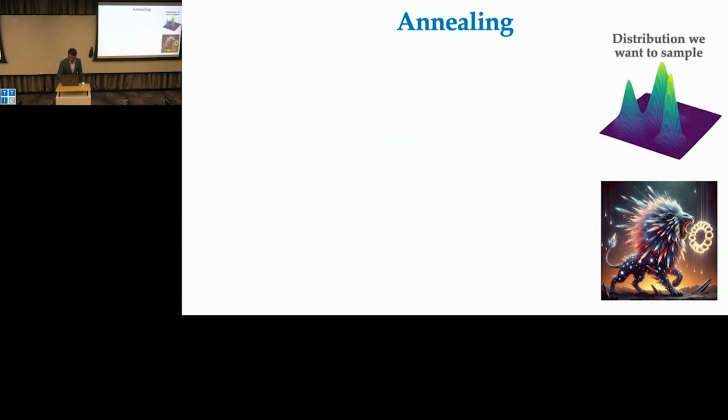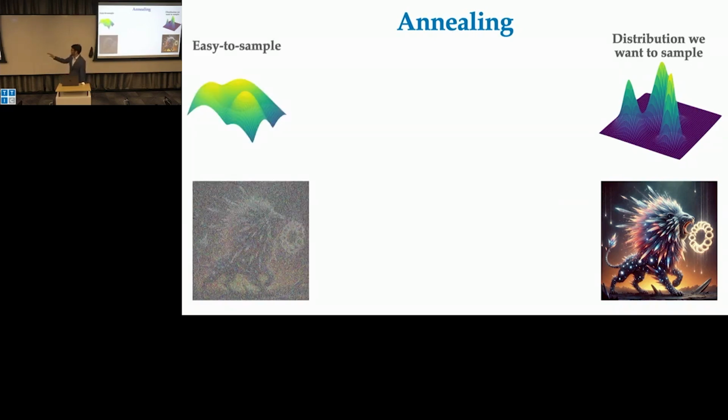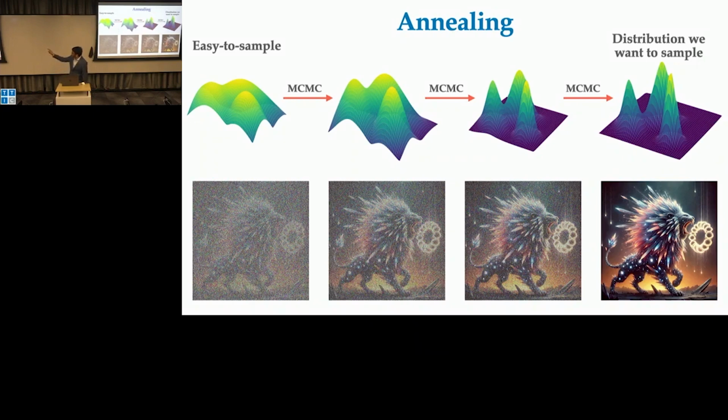Now just to tell you a little bit about what the annealing algorithm is. The premise is you want a sample from some distribution that looks kind of wild. And the way you approach the sampling problem is you design some other distribution, which is way easier to sample from. And now you construct a path of distributions between this easy to sample from distribution and the distribution you want to sample from.